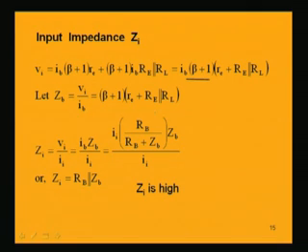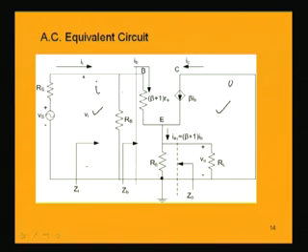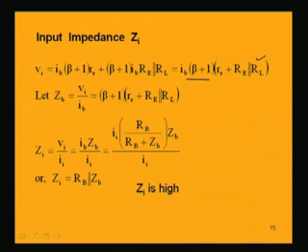Now, if I want to find Zi, that is Vi by Ii, I can very simply write down what Vi is. Vi from this expression I can put down, that is equal to Ib into Zb. Vi divided by Ii is Ib into Zb divided by Ii, and Ib can again be written as Ii into Rb divided by (Rb plus Zb). So, we have Ii into Rb by (Rb plus Zb) into Zb divided by Ii.